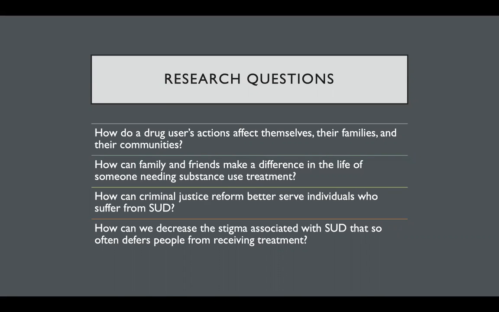Our second research question is, how can family and friends make a difference in the life of someone needing substance use treatment? Also, how can criminal justice reform better serve individuals who suffer from substance use disorder? And lastly, how can we decrease the stigma associated with substance use disorder that so often deters people from receiving treatment?